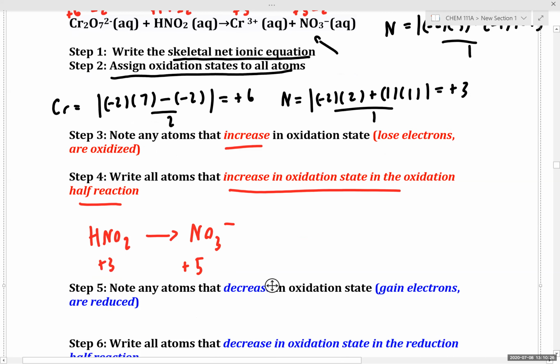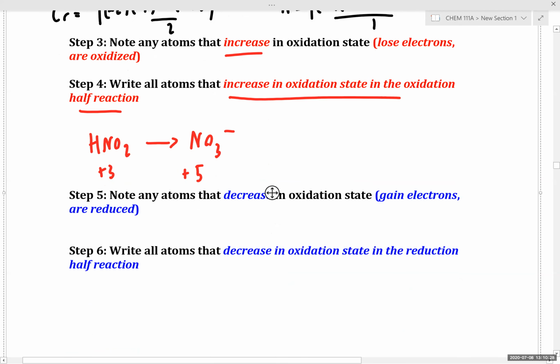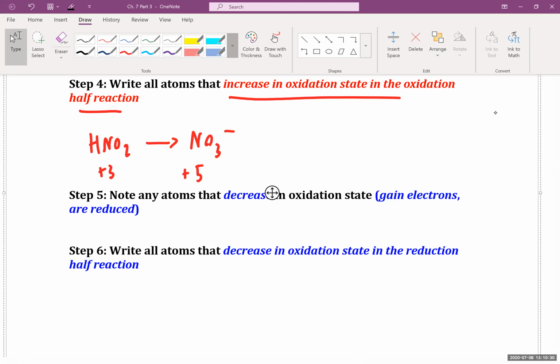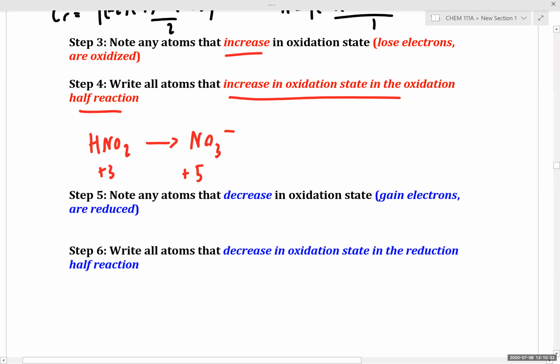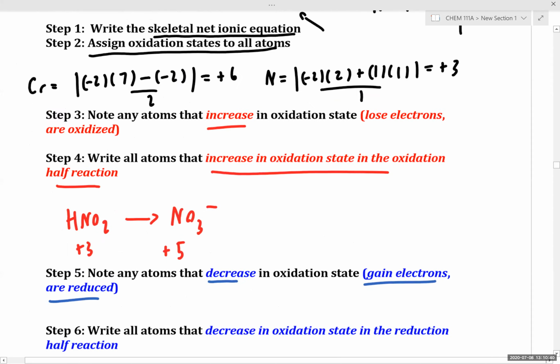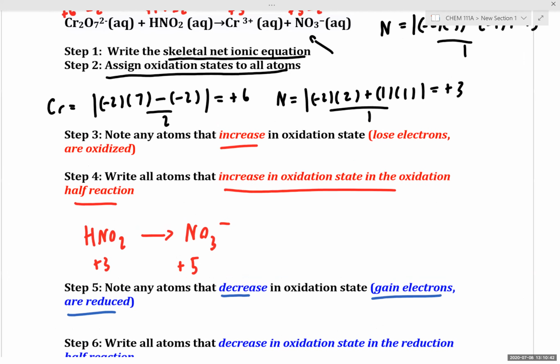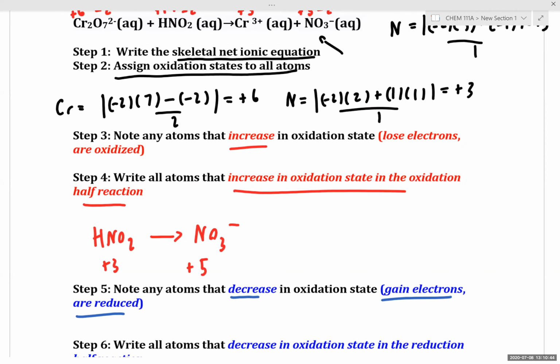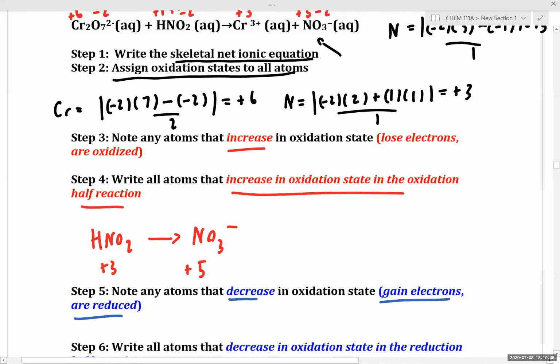Okay. We're going to repeat the same process where we write any atoms that decrease in oxidation state and gain electrons. So chromium is gaining electrons, right? If one species is losing electrons, the other one must be gaining in order for electrons to be conserved.